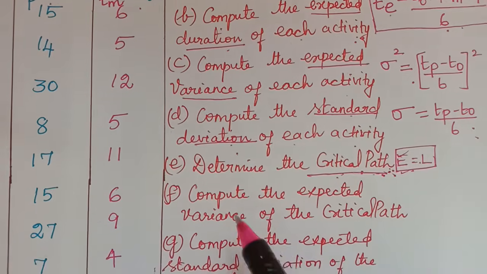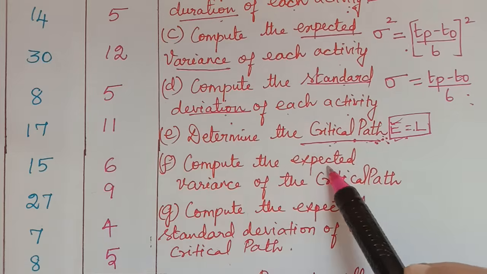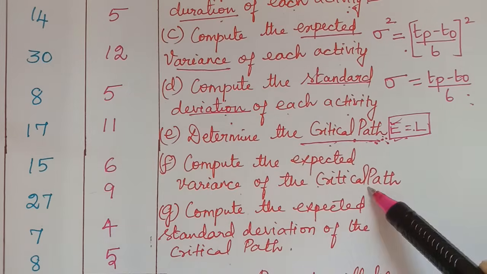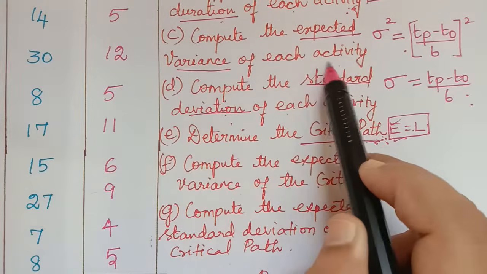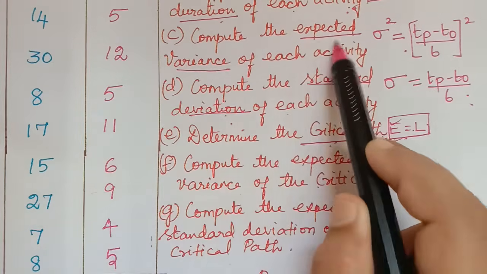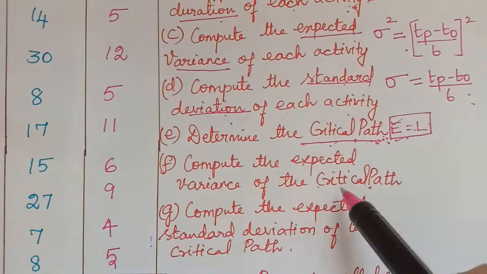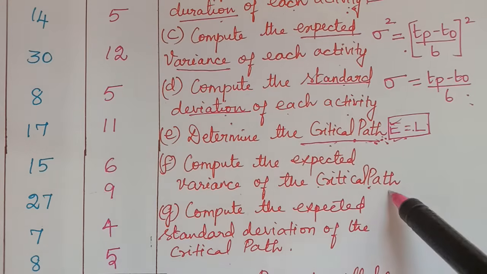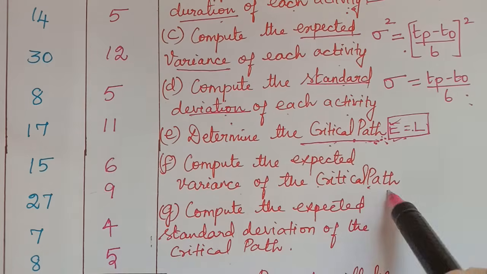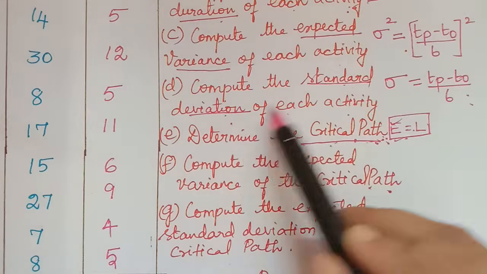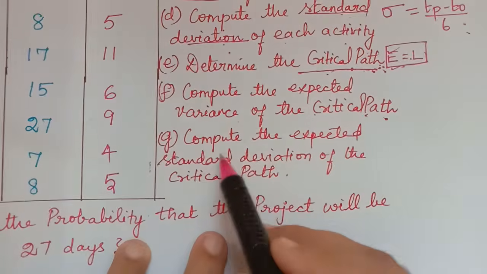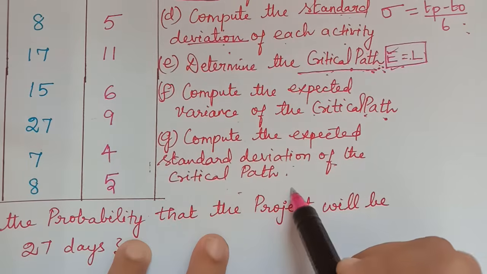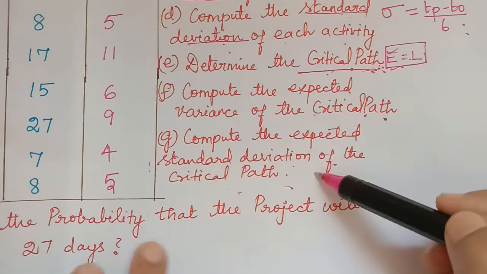And then the next question is compute the expected variance of the critical path. So the activities along the critical path, we have to add all the variances, and that will give us the expected variance of the critical path. In a similar way, we will get the standard deviation of the critical path, which I will explain while solving the problem.